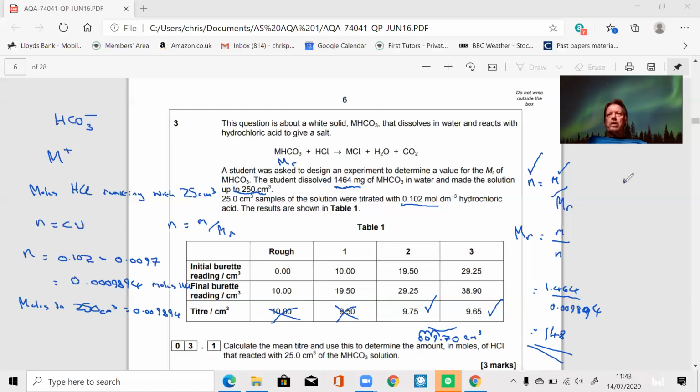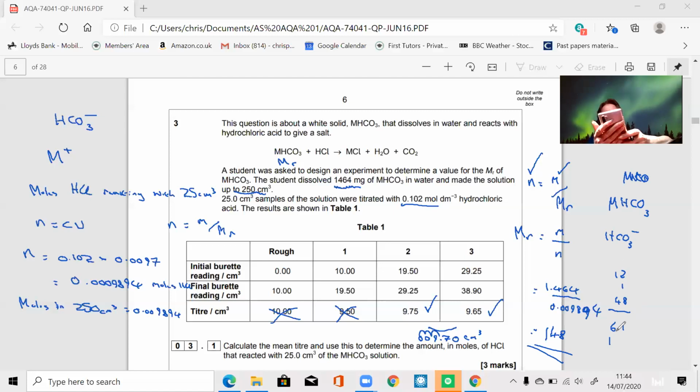If we wanted to, we could work out, sorry, it's the hydrogen carbonate, isn't it? So we could work out what the metal is actually. So what does that add up to? We've got HCO3 minus. This isn't part of the question, this is just an extra. So you've got carbon, you've got hydrogen, you've got 3 oxygens, that's 48. We add those up, it's 61.